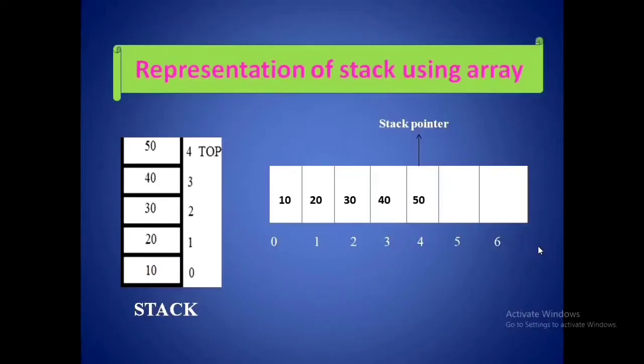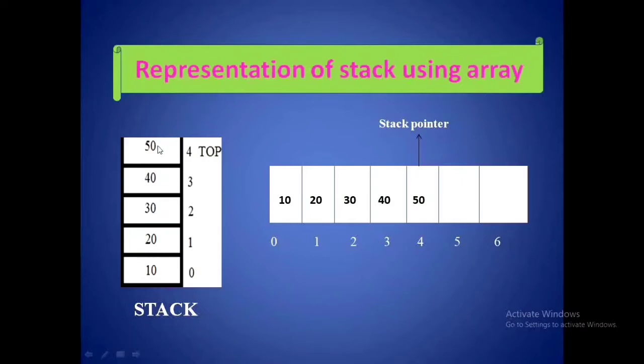Next, representation of stack using an array. If you look at this diagram, this is the array representation. 10, 20, 30, 40, 50 are the data, and the stack pointer is at 50. The last element is stored in 50, so the stack pointer is 50. 0, 1, 2, 3, 4, 5, 6 are the addresses.